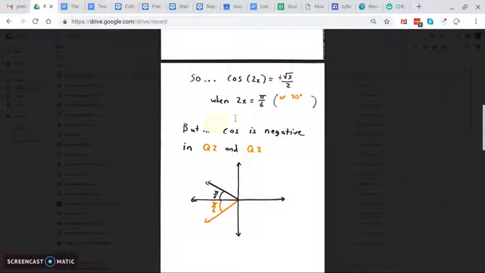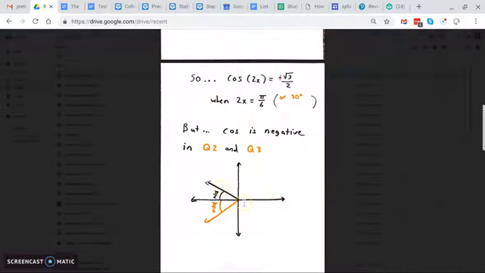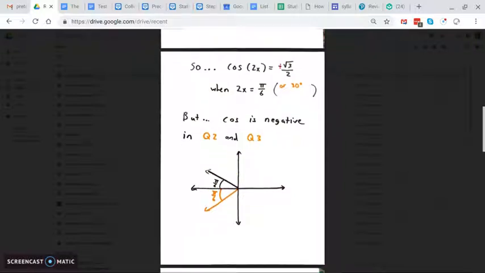All that means is that the angle is going to be pi over 6 in the second quadrant and the third quadrant, because that's where cosine, or the x values in these triangles, are negative. Hopefully that makes sense. So it's really going to be this angle right here, and then this angle where we're going to have solutions for the negative square root of 3 over 2.